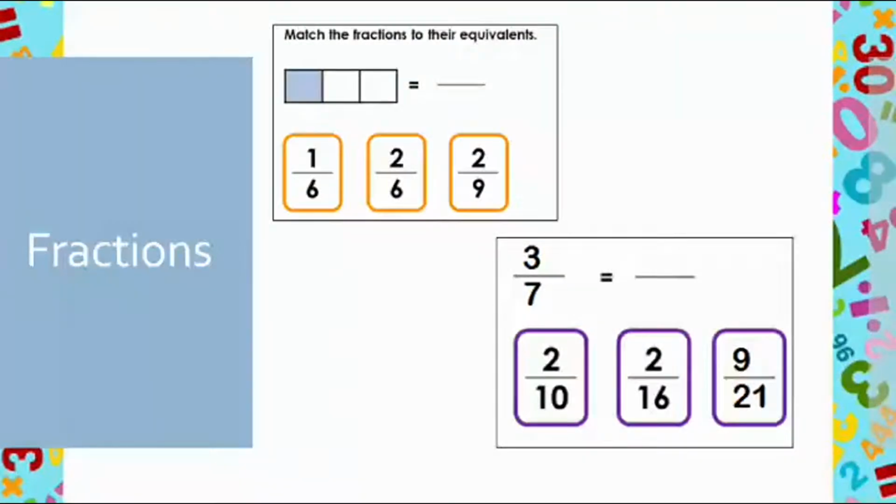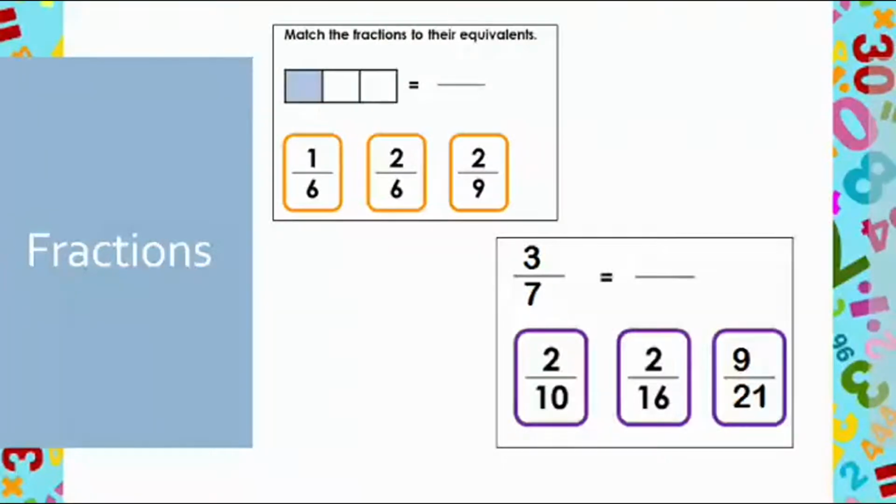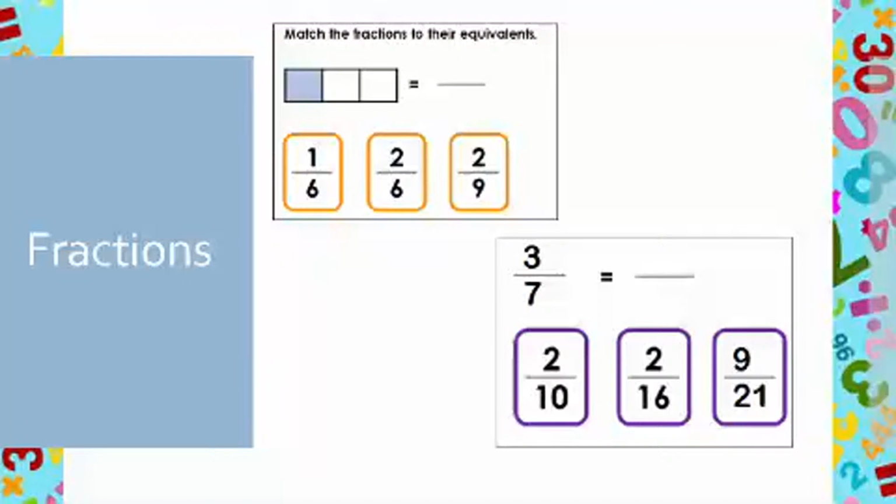And then the second question is, 3 upon 7 is equivalent to which fraction? That is the question. So if you want to take a while, 2 minutes, if you want to spend solving this, try solving this, and then check the answer as well.